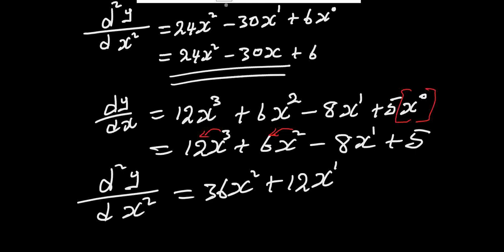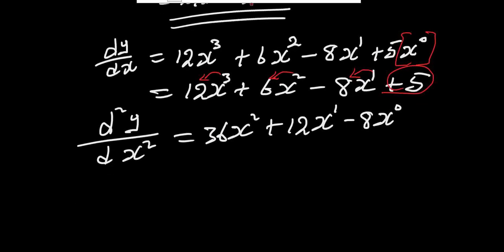So this x has 1 over there, so this 1 times 8 is negative 8. Reduce 1 by 1, that gives you 0, so we can simply ignore this value.